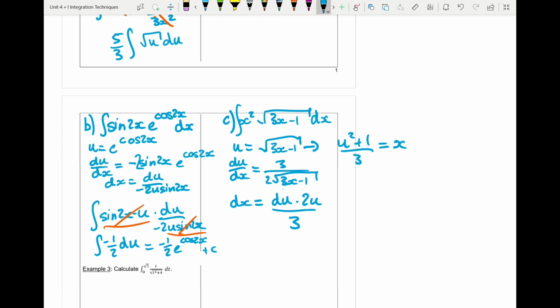So now substituting that all into our integrand, we get u squared plus 1 squared on 9 being multiplied by u squared du, and then we also have a factor of 2/3 out the front.